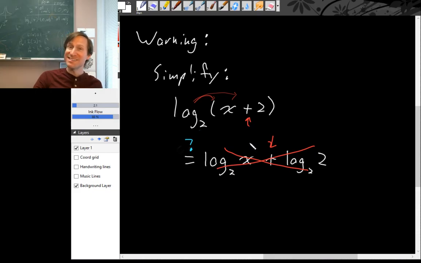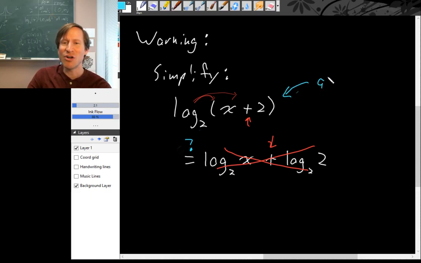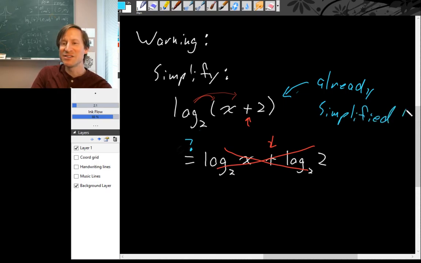And what you'll find is that there isn't a fact about a property of logarithms that has a sum on the inside. We are actually stuck with this expression. It's already as simplified as it can get. The moral of the story here is, don't try so hard to simplify logarithms that you make a mistake.